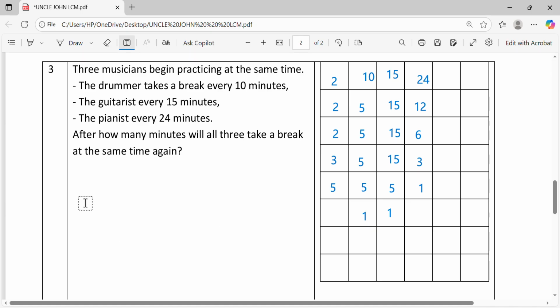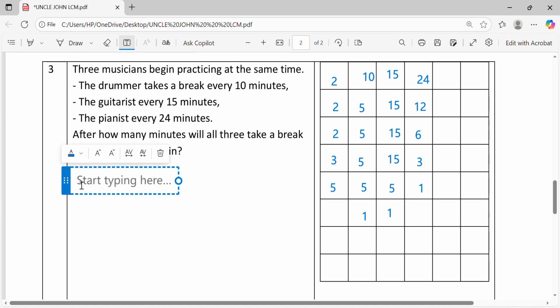As usual, you come here and say that the LCM, or the least common multiple, of 10, 15 and 24 is equal to 2 times 2 times 2 times 3, then times 5.